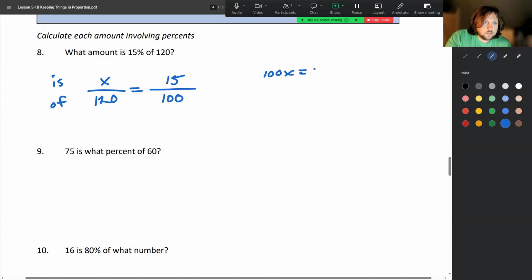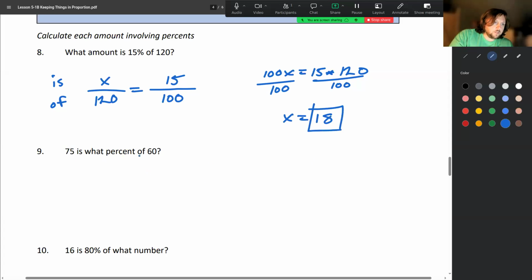So I have 100x equals 15 times 120. Divide both sides by 100. Okay, and I get x equals 18.